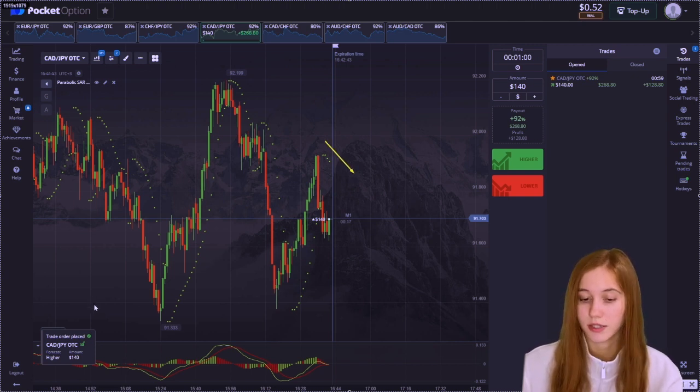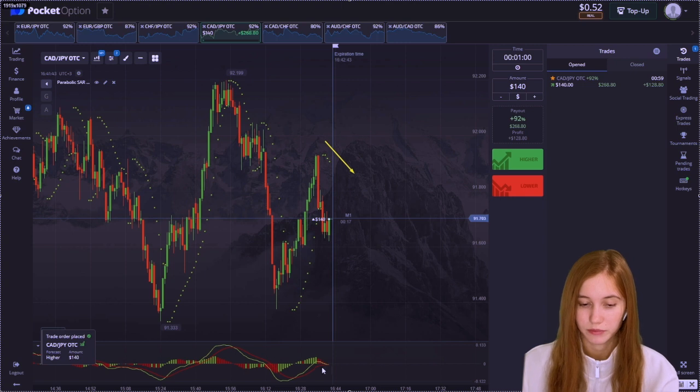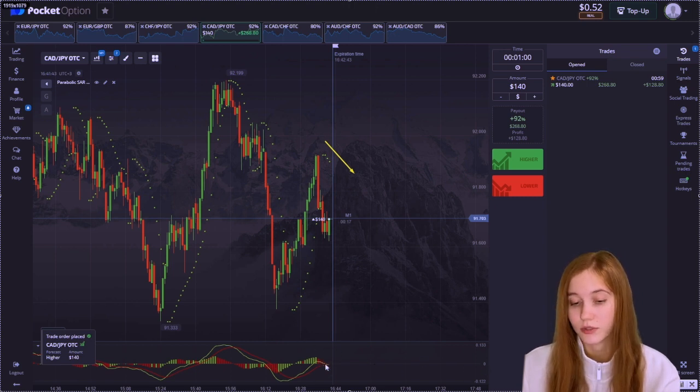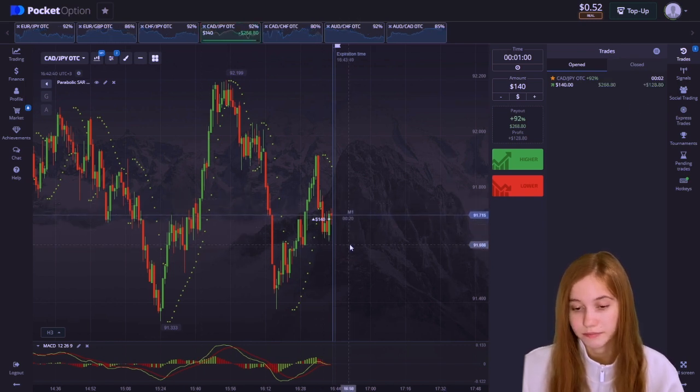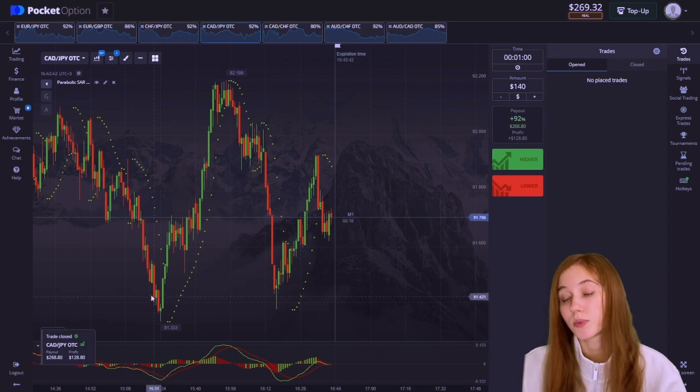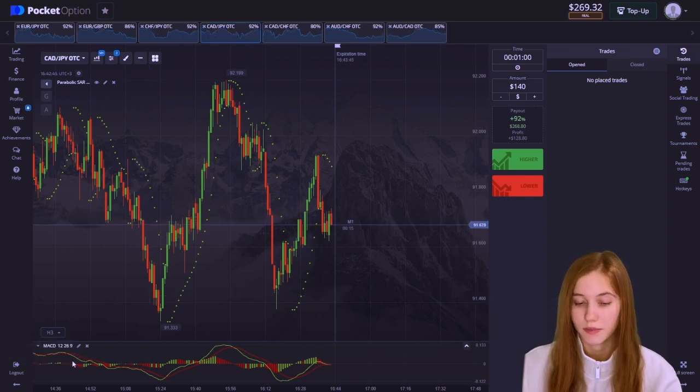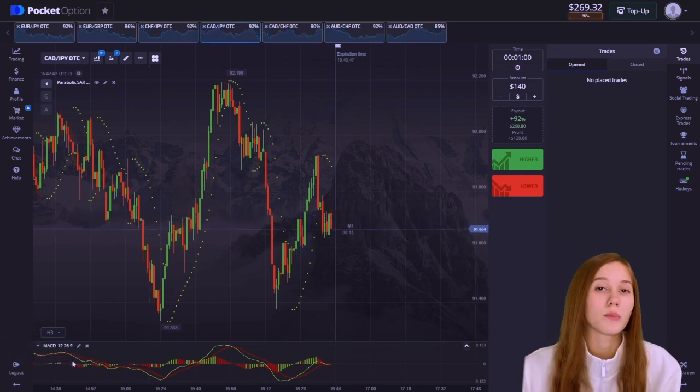We see consolidation. And the last range we have is the red bar, but still they approach the zero mark. The trend is not changing. Yeah, great. Plus deal, $128.